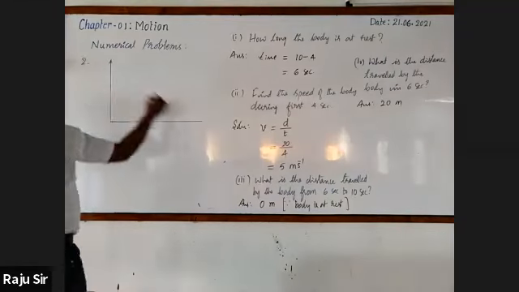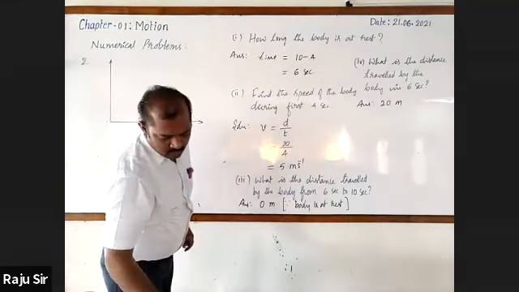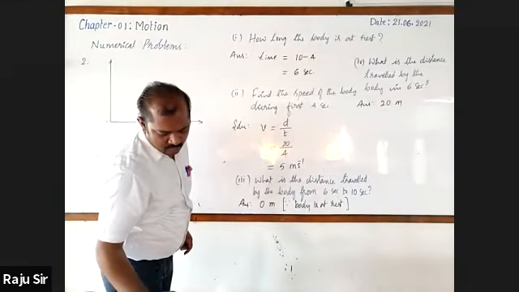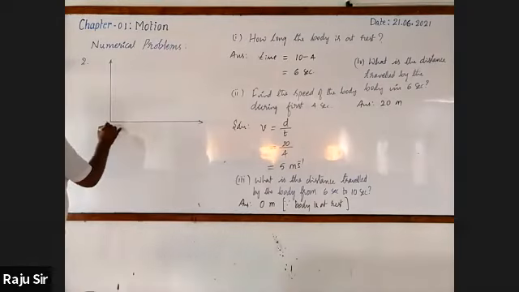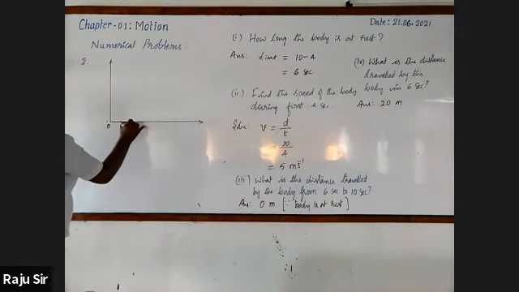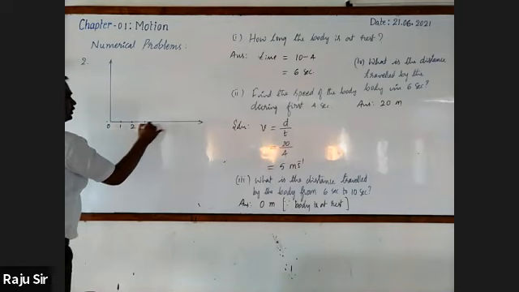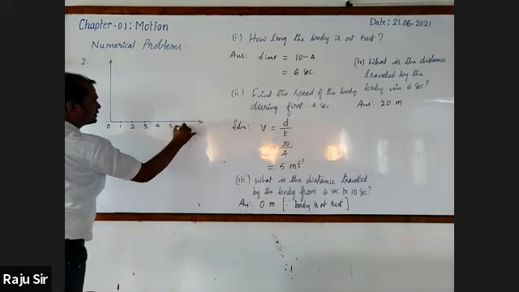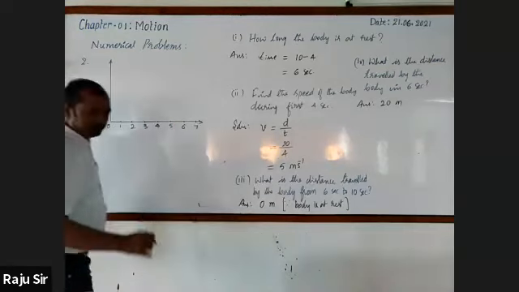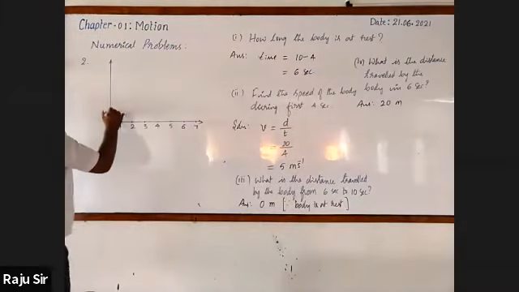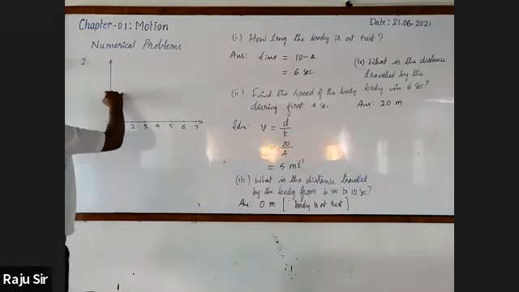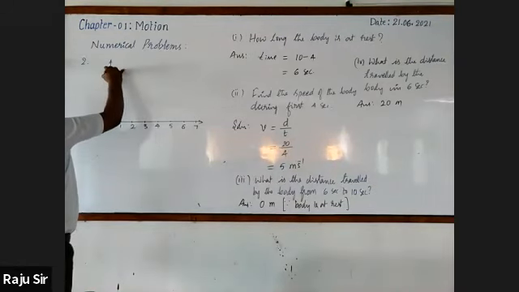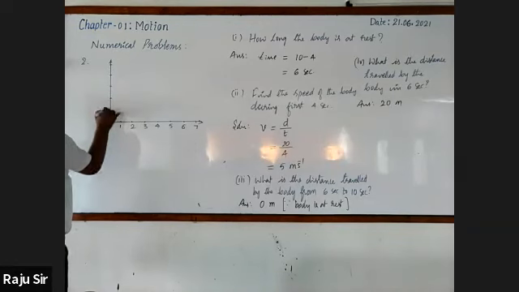Here it is 0, 1, 2, 3, 4, 5, 6, 7, and along the y-axis, nothing but the distance axis, the same numbers will be taken. 1, 2, 3, 4, 5.